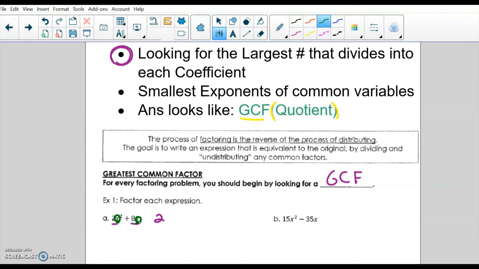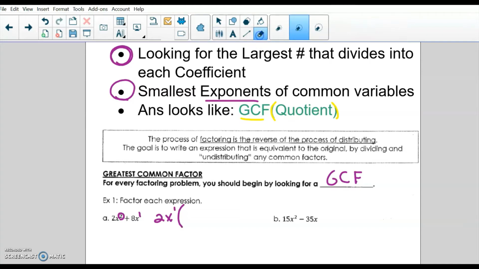Yes, they both have an x, so they have that in common. Now that they have a variable in common, what is the smallest exponent of those common variables? So we have an exponent of 2, and we have an exponent of 1. So the smallest of those is 1. You don't have to put that 1 there, but I'll put it there just to emphasize that it is smaller than a 2.